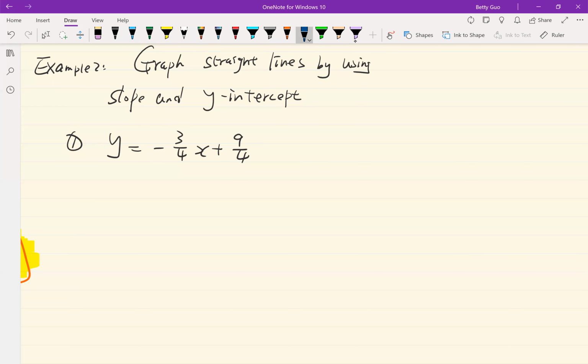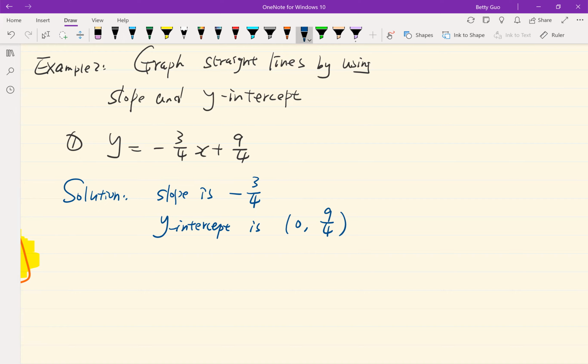We know the slope. Slope m is negative 3 over 4, right? Y-intercept is 0, comma 9 over 4, right?